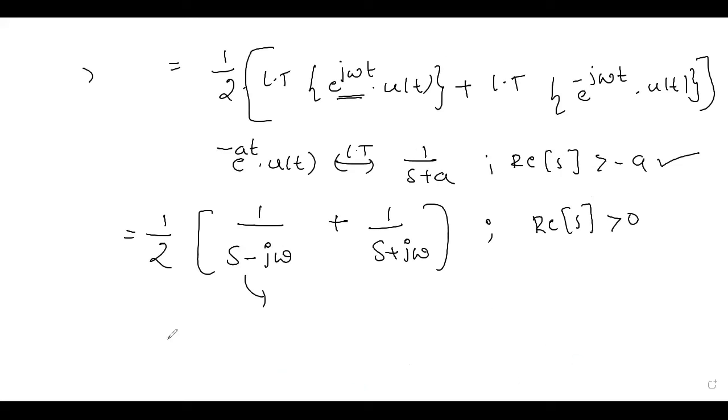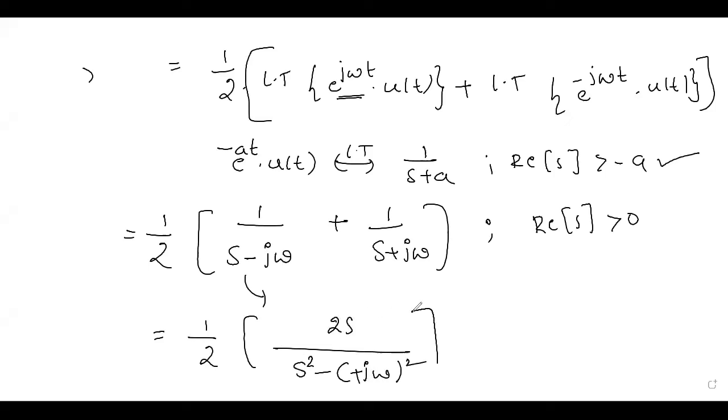Now take the LCM and solve this. 1 by 2 into a plus b into a minus b. The denominator LCM is a square minus b square. In place of b, j omega is there, so s square minus j omega whole square. And the numerator is s plus j omega plus s minus j omega, which will be 2s.